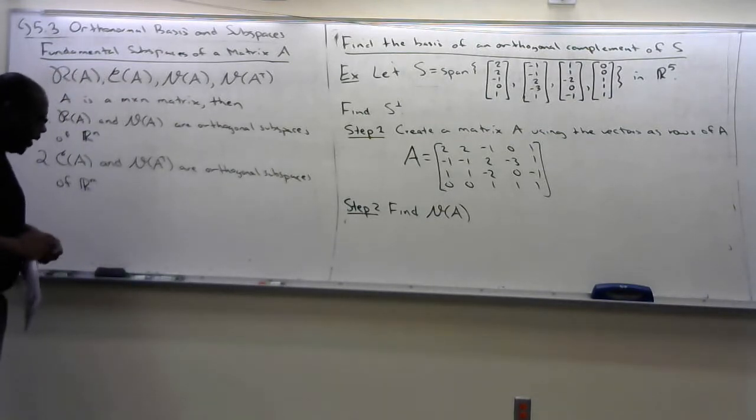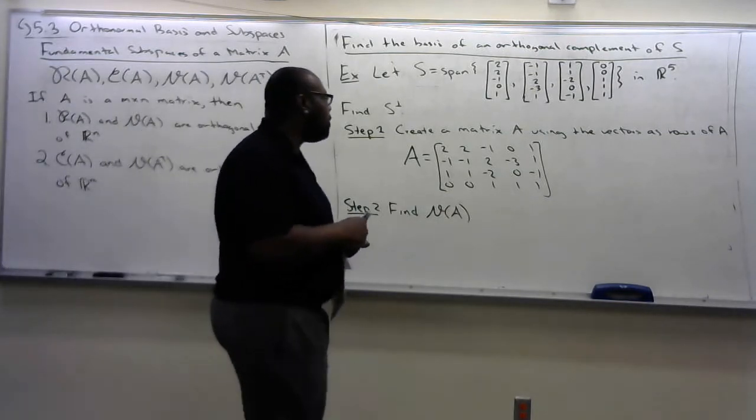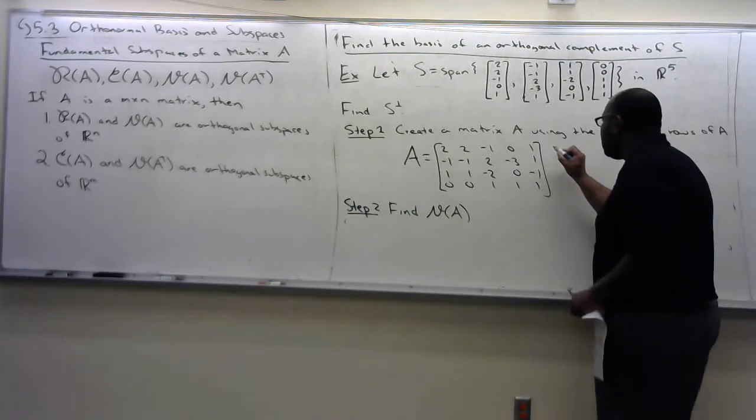Remember, I'm solving AX equals 0 for X, so essentially I'm just adding a column of zeros at the end.